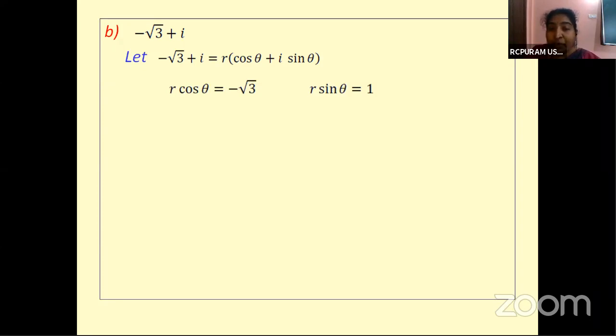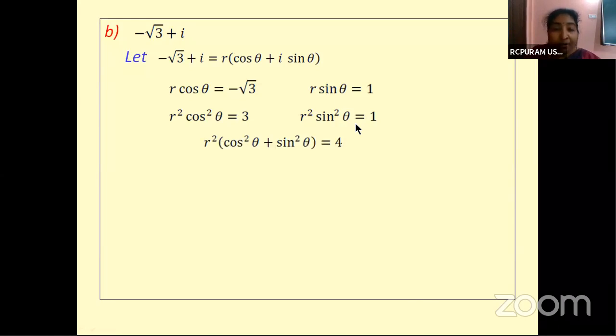We will square them on both sides. Then r square cos square theta is equal to 3 and r square sin square theta is equal to 1. So we have r square into cos square theta plus sin square theta is nothing but 3 plus 1, which is equal to 4. So this is the identity we have in the bracket, children. So it becomes 1. So r square equal to 4, it implies r is equal to 2.